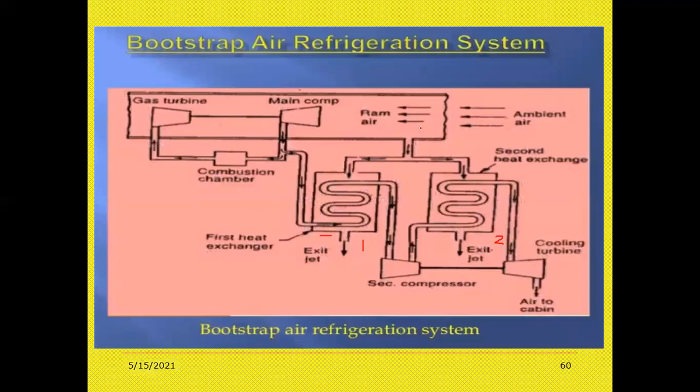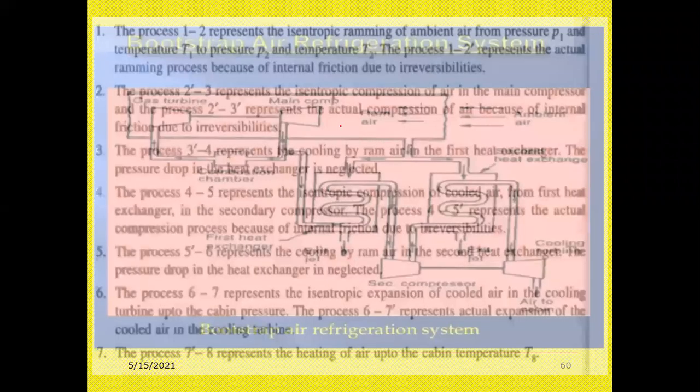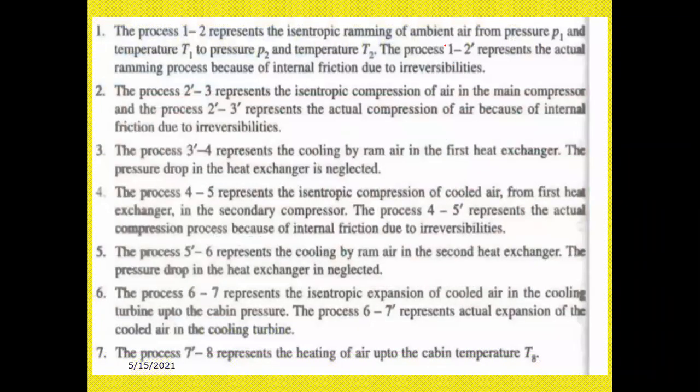So this process 1 to 2 is a ramming process, the ramming of ambient air from pressure P1 and temperature T1 to pressure P2 and temperature T2, and the air pressure is passing from 1 to 2.